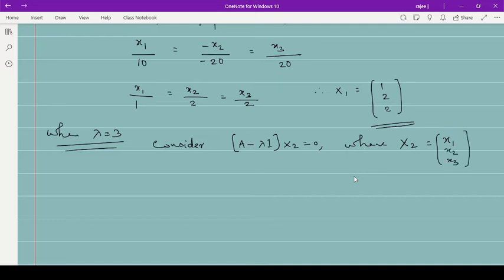Find out, simplify. Therefore lambda equal to 3 means 8 minus 3 like that. So it is 5, minus 6, 2; then minus 6, 7 minus 3, minus 4; 2, minus 4 and 3 minus 3, 0.